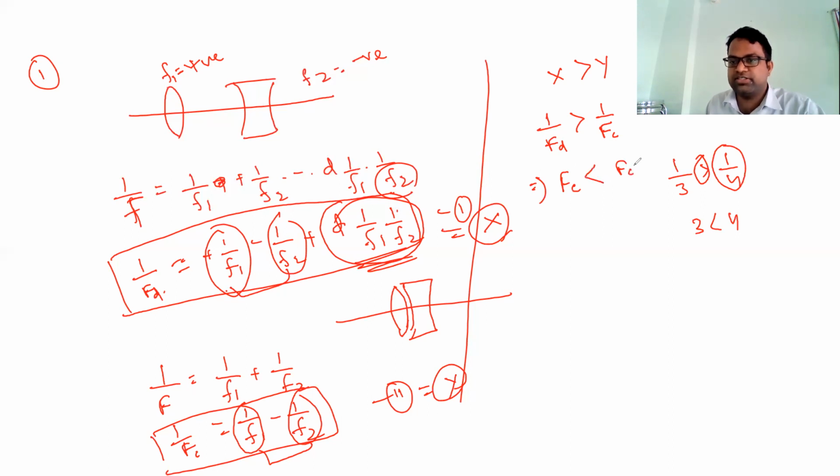When they are in contact with each other, the focal length will be more than the focal length when they are at a distance D, right?